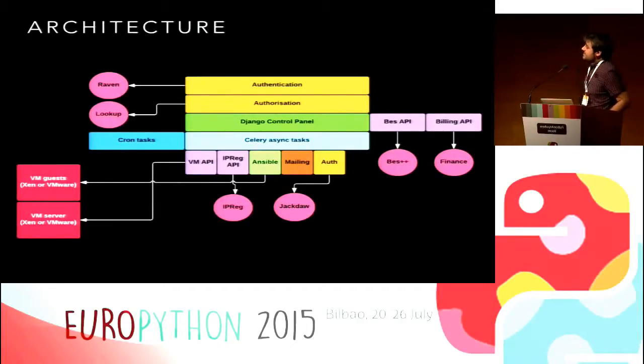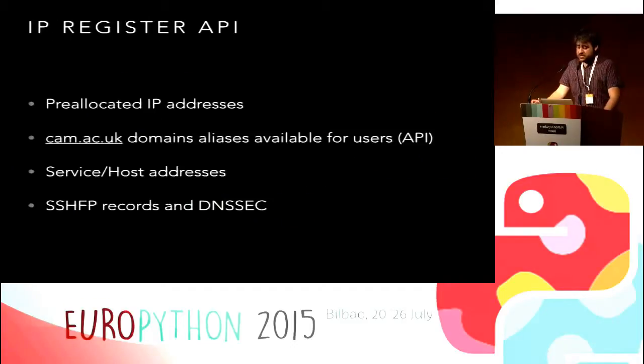So once they can access the Django panel and they have the user installed in the VM, they can already access the machine. Everything is configured for them, so they can start using it. Previously, we also had another communication with the IP register API, which is on the bottom there. This is another external service. So as you can see, we have the main service, and then we have a lot of other services that we communicate with, which provides the university registration for Kamacac domains.